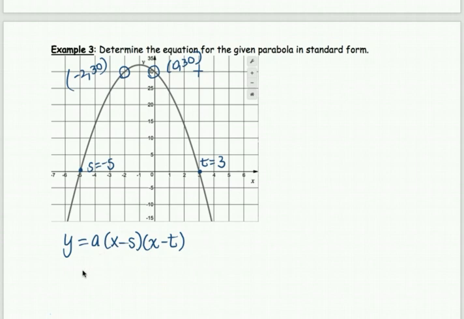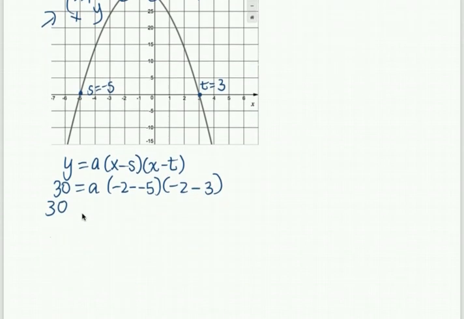All right, I'm just going to go through and practice the factored form a bit more, because that's the newest form that you need to practice. I'm going to use this point here, okay? My y is 30, I need to find a, x is -2, s is -5, so -2 for x, and subtract 3 here. That's 3.